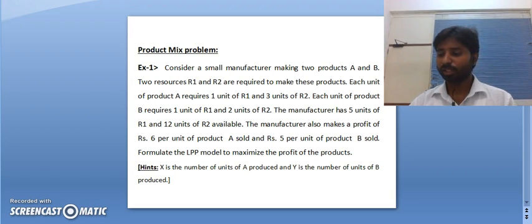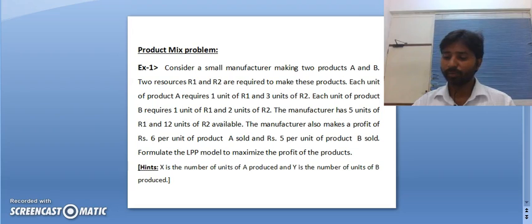I will begin with a linear programming problem with some example. Consider a small manufacturer making two products A and B. Two resources are required, R1 and R2, to make these products. Each unit of product A requires 1 unit of R1 and 3 units of R2.